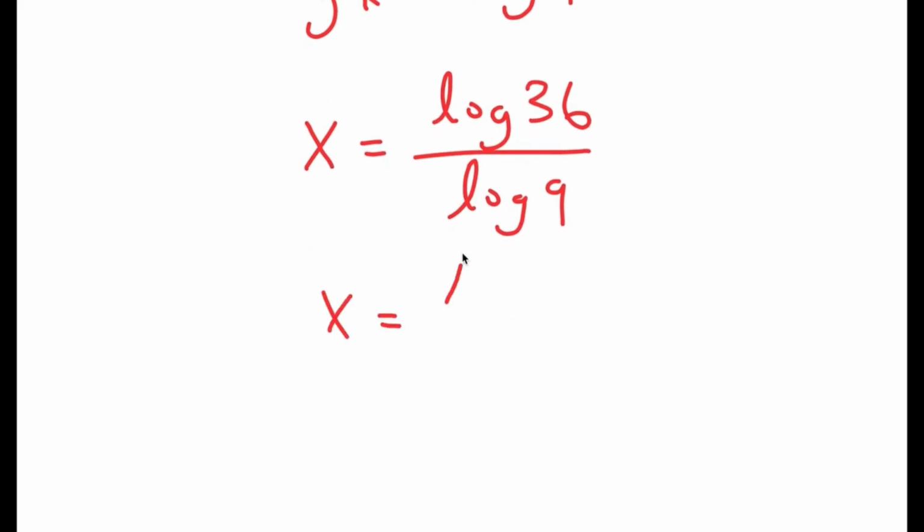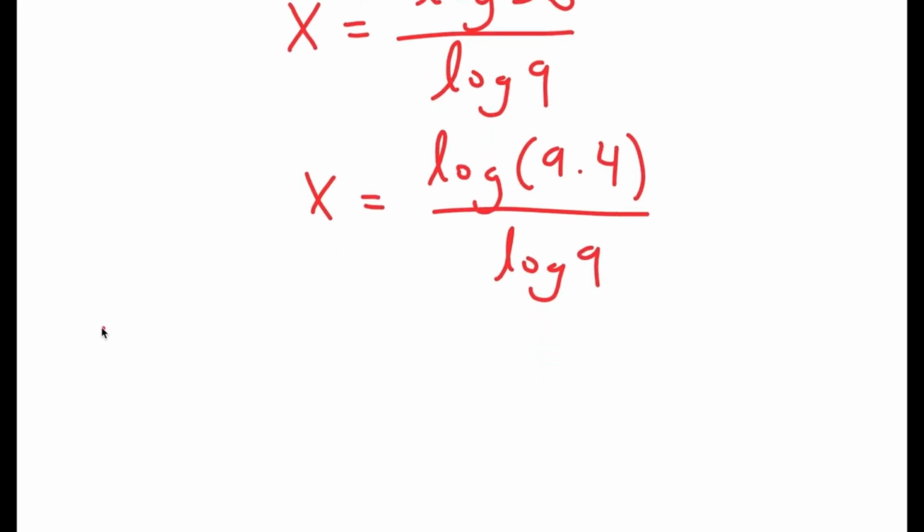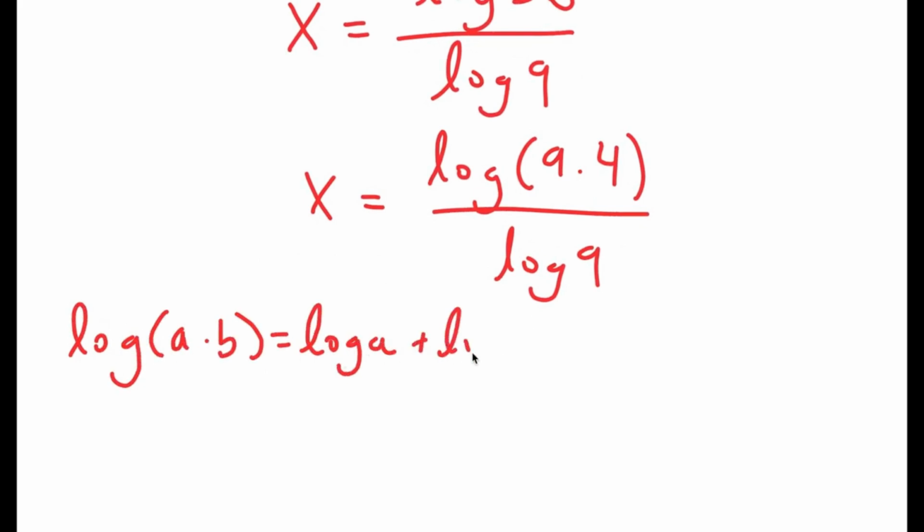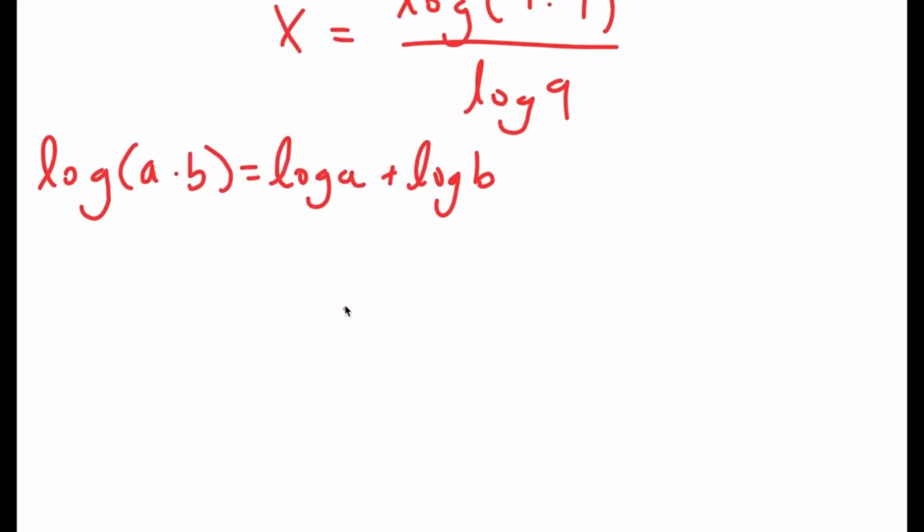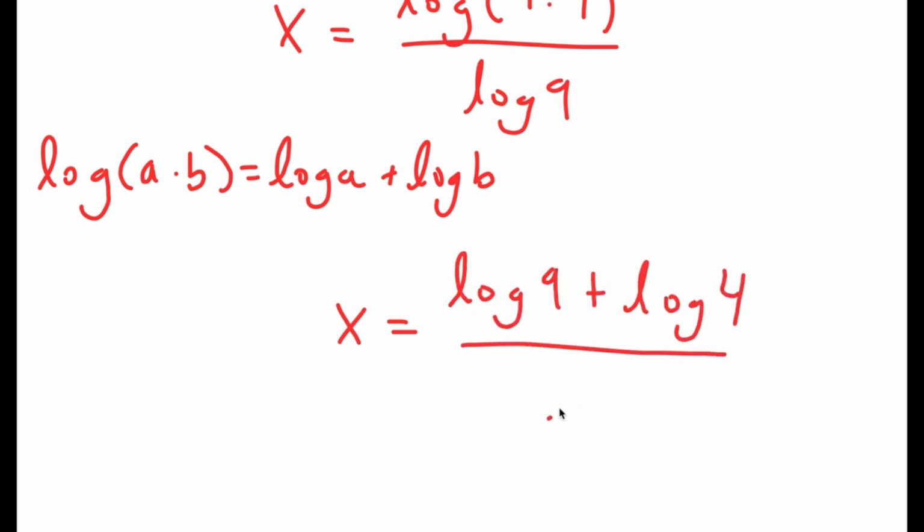Now, I'm going to rewrite log 36 as log of 9 times 4. I did this because I can use the property log of a times b is equal to log a plus log b. In this case, this turns into log 9 plus log 4, and I have this over log 9.